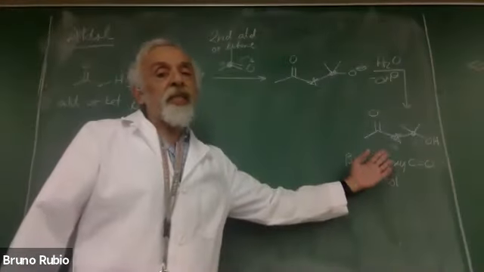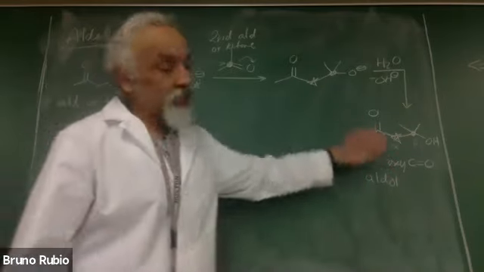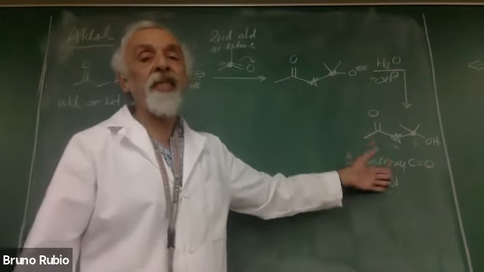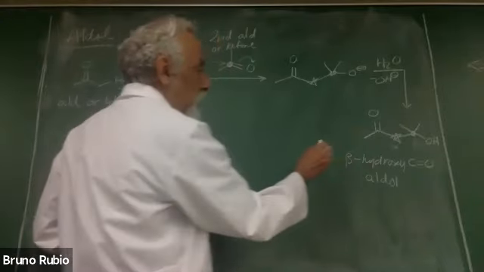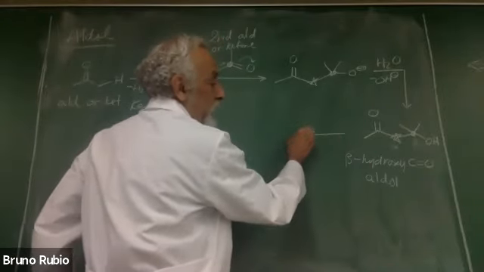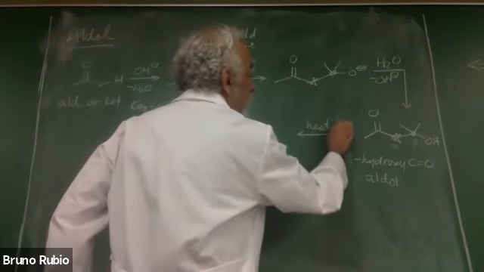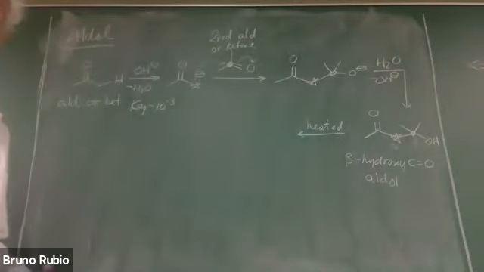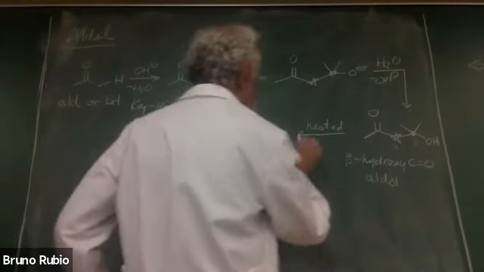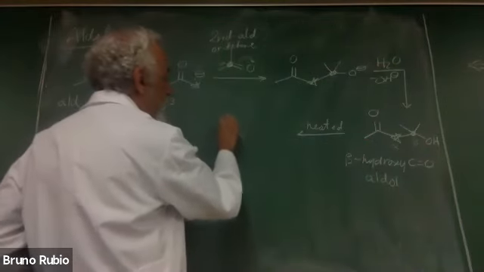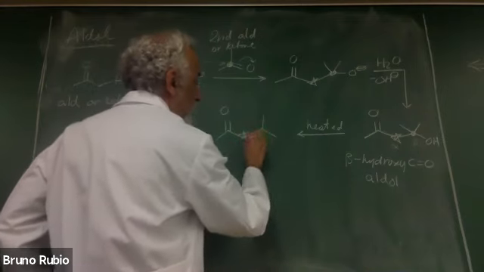Lots of times, this is not what we're looking for in an aldol reaction. Yes, this forms, but most of the time, this is not the product that we're looking for. What usually happens is that the beta hydroxycarbonyl is now heated, and it undergoes a dehydration to form an alpha beta unsaturated carbonyl compound.